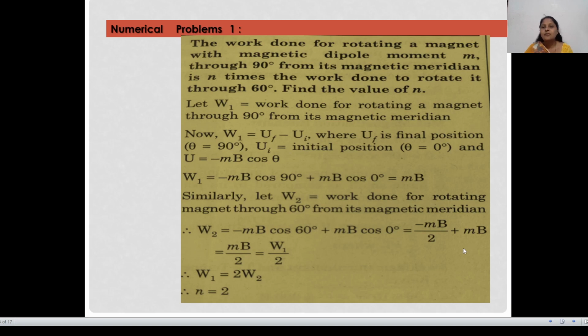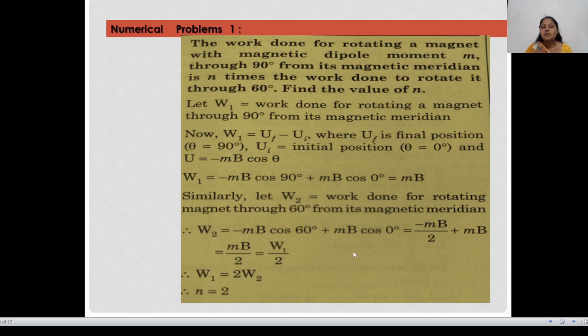Take the value of U and put it in the above equation. W1 is equal to minus MB cos 90 plus MB cos 0. That means W1 is equal to MB. Similarly, let W2 be the work done in rotating the magnet through 60 degrees from the magnetic meridian.